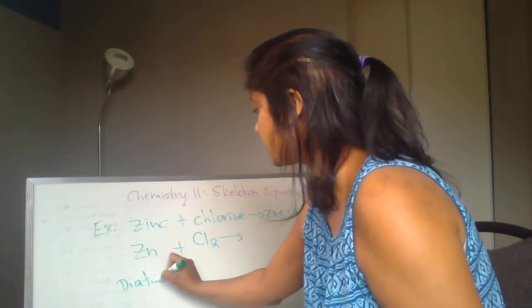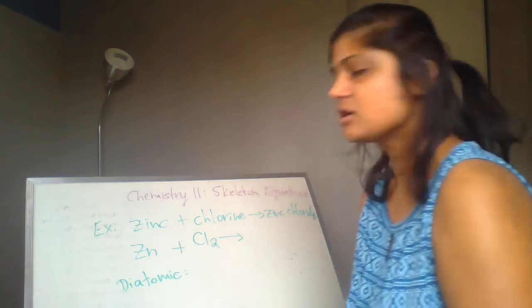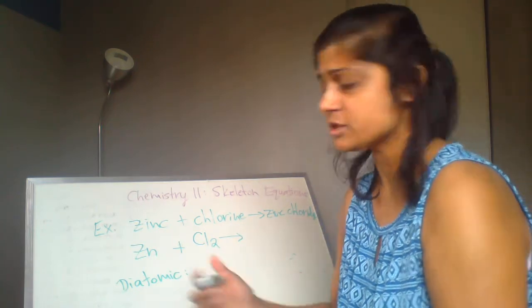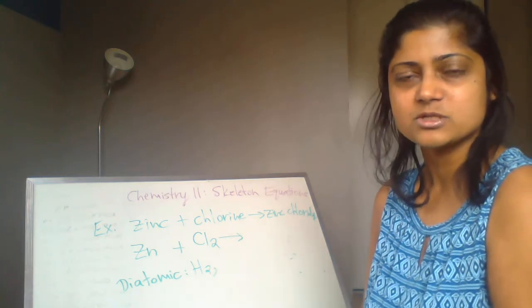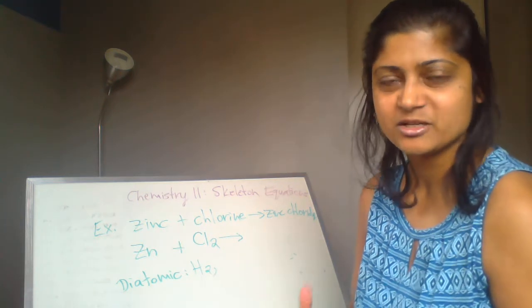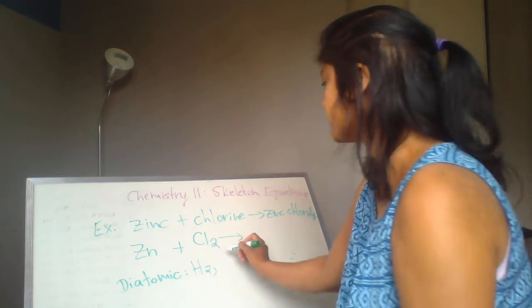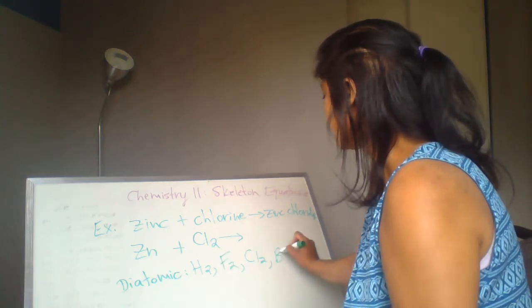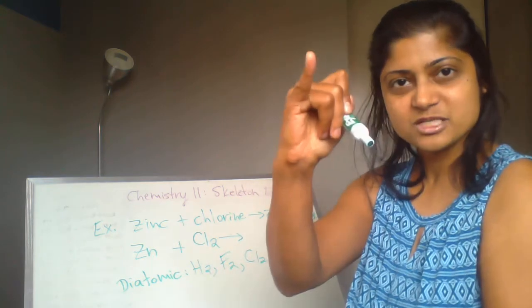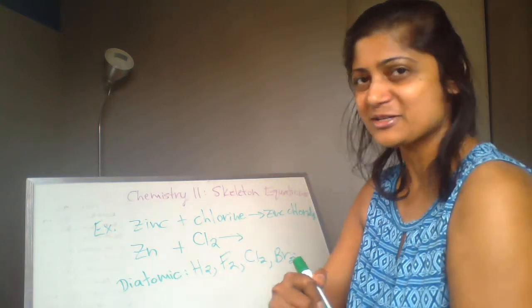So diatomic. The diatomic molecules here start off with hydrogen. Although you see hydrogen is actually found in group 1 in the periodic table for simplicity. I have fluorine, chlorine, bromine, and basically just follow that upside down L in the periodic table here.